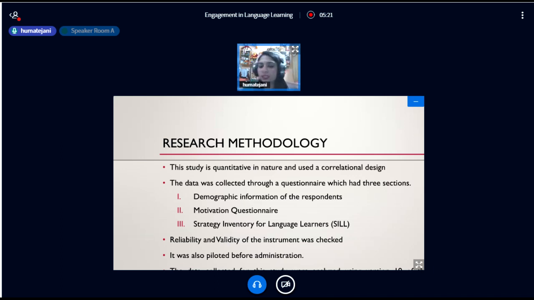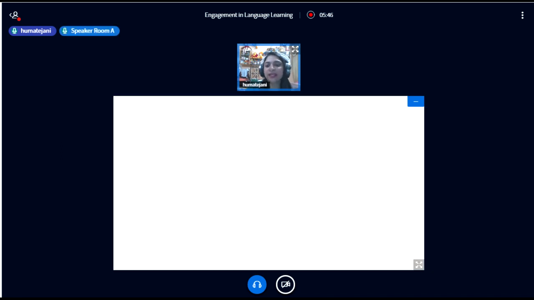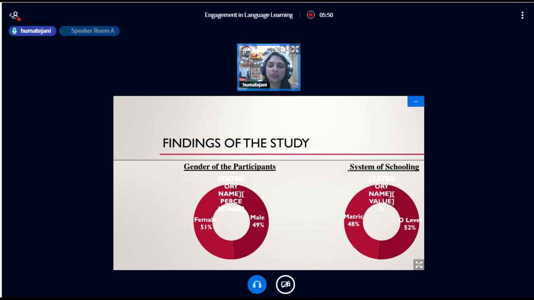And the last one was the Strategy Inventory for Language Learning, called SILL, which was formulated by Rebecca Oxford and her colleagues, and I adapted it according to my situation. Then the reliability and validity of the instrument was checked, and it was also piloted before administration, and then it was carried out in different schools.